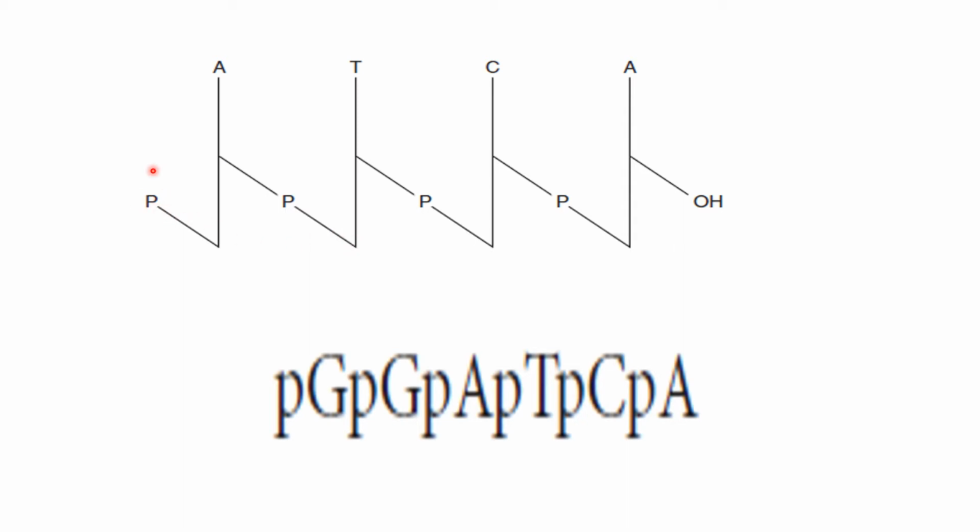There is a phosphate group present at the 5' position and a hydroxyl group present at the 3' position, while the nitrogenous bases are perpendicular to this phosphodiester bond. And again, this is another representation in which the nitrogenous bases are attached. These representations show the nitrogenous bases linking through the phosphate group.